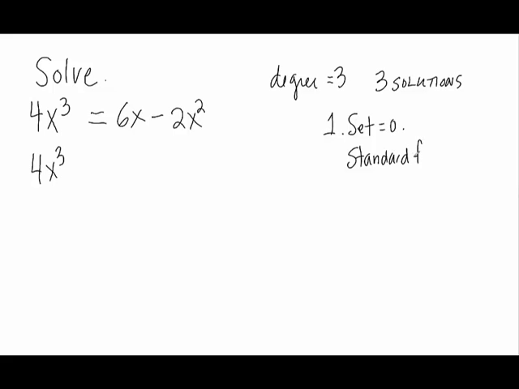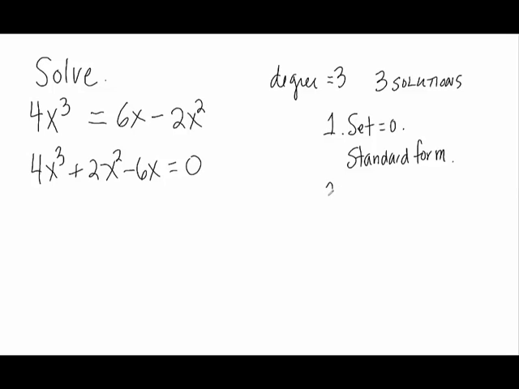In standard form, all of the terms will be on one side and the exponents will descend or go down in order. So the exponent with the highest degree is 4x cubed, and then minus 2x squared becomes plus 2x squared, 6x becomes minus 6x, and now it's equal to 0 and it's in standard form.